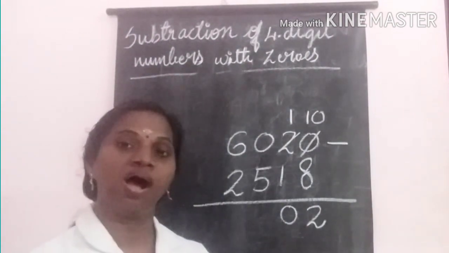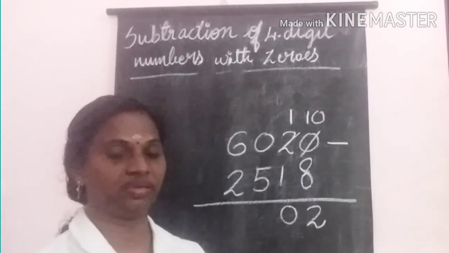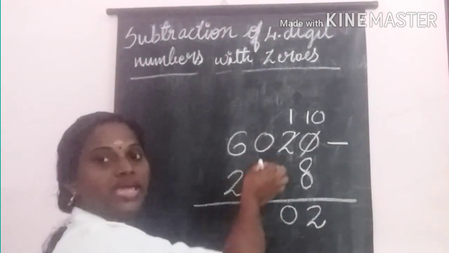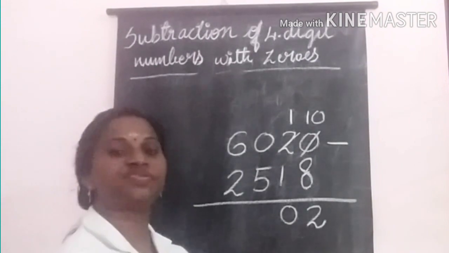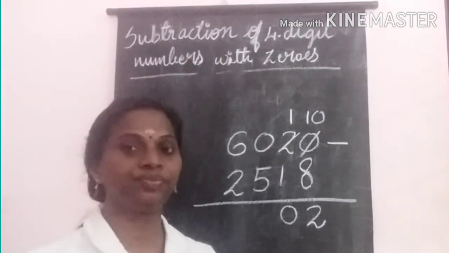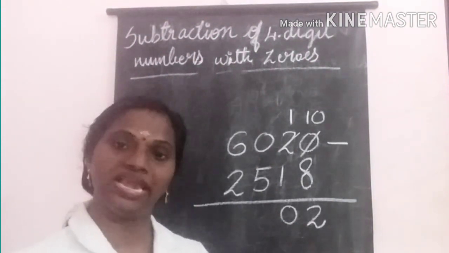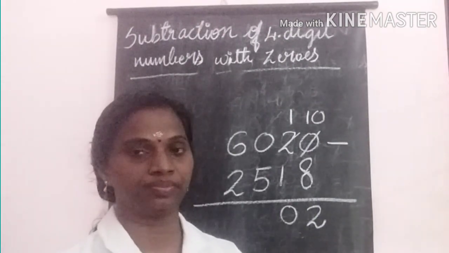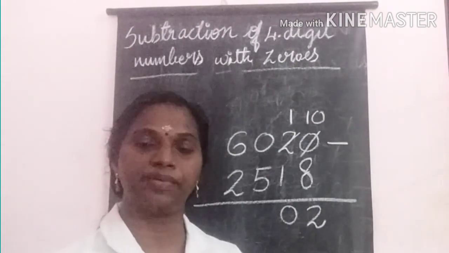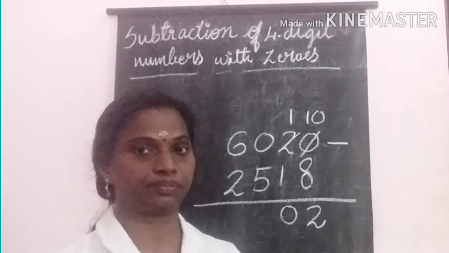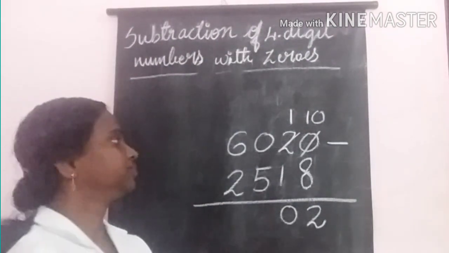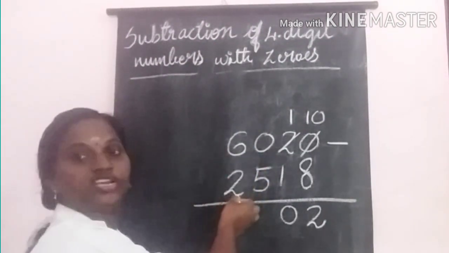Next subtract the hundreds place digits. Here, which are the hundreds place digits? Yes, 0 and 5. So subtract 5 from 0. 0 is lesser than 5, so we cannot subtract. Then we can borrow 1 from the thousands place. Here, which are the thousands place digits? Yes, 6 and 2.